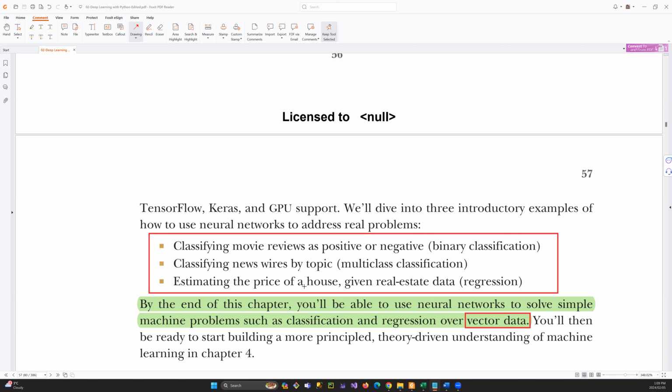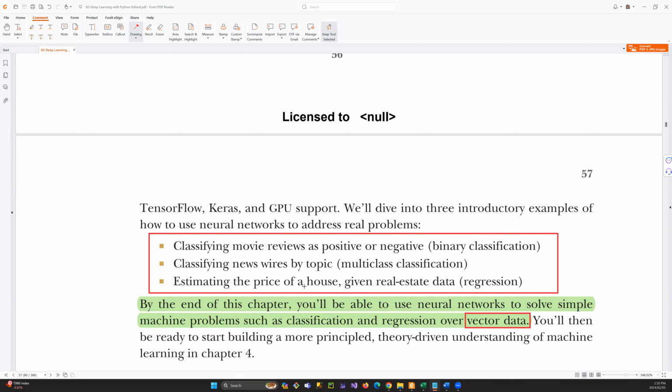And the last one is estimating the price of a house given real estate data. I told you that proximity to highways or schools, the crime rate, the size of the house, the number of bedrooms, and the year it was built are all factors that bring us to the price.